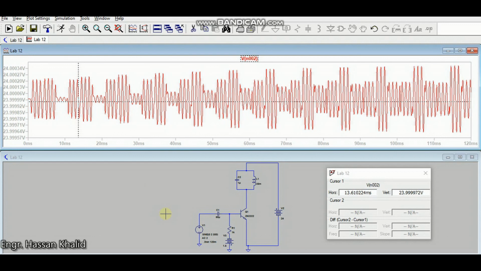Therefore the voltages are not able to be properly switched between 0 and 24 volts. So it's also clear, and also the frequency of the oscillations has increased as well.